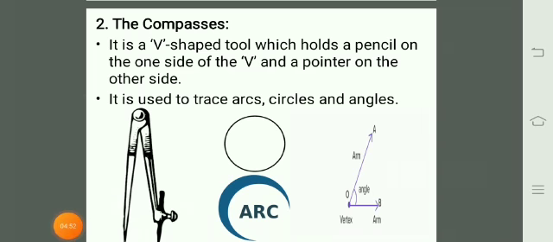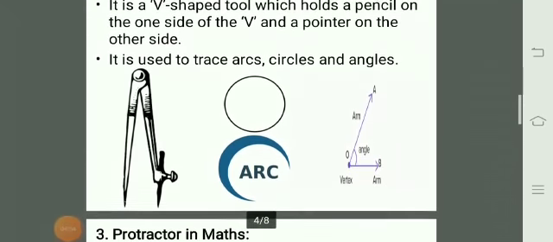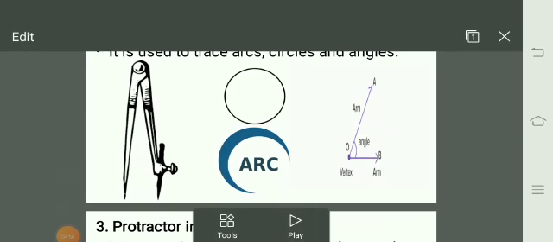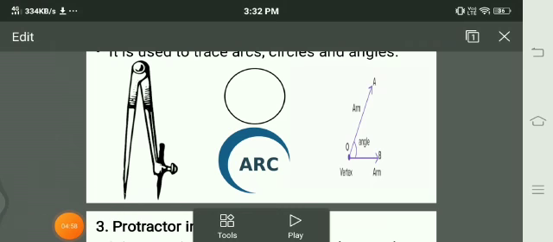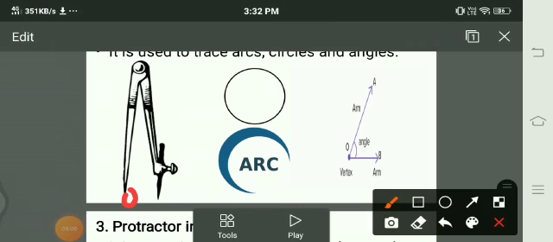This is the first point of the compass, which is the fixed one, and on the second side there is a place where we can insert a pencil. If you take your compass, you will find this shape of one tool, and that tool is called what?